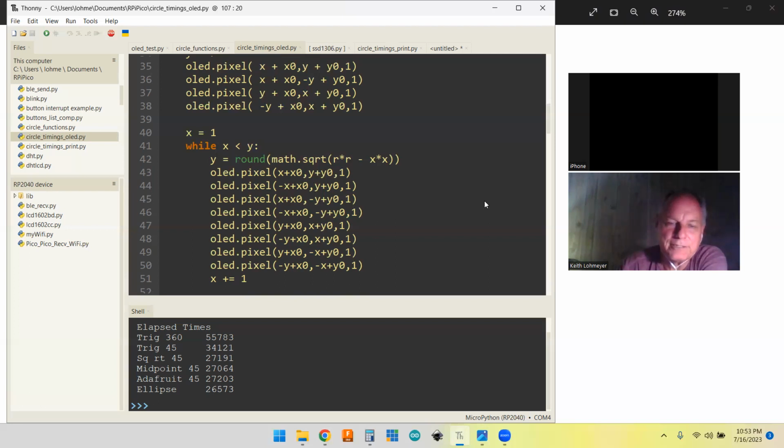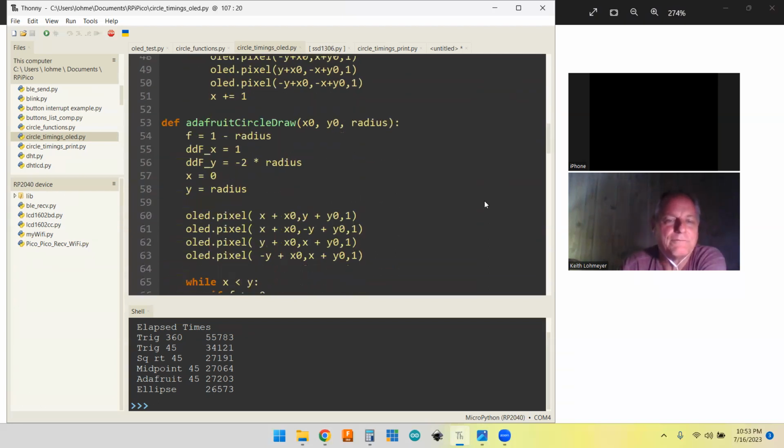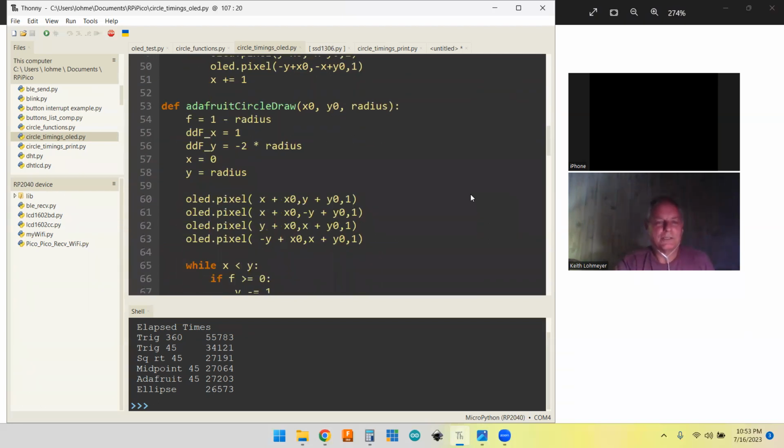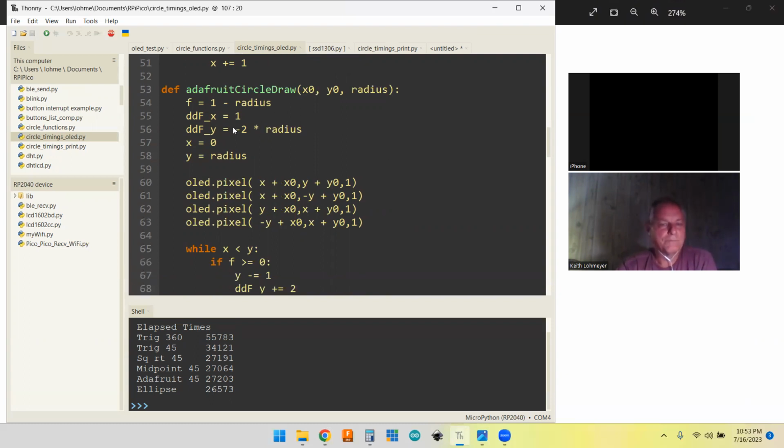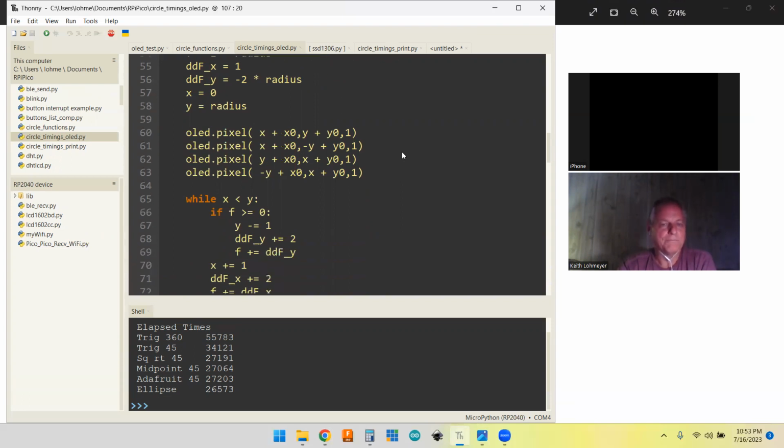But let's show you the library, or the function, first. As you can see with the Adafruit, they don't have anything in here except for plus and minus comparisons, and I think this is the only place they use a multiply. But they have this variable called DDF, and I didn't know what that was. So I said, oh man, what is that about?